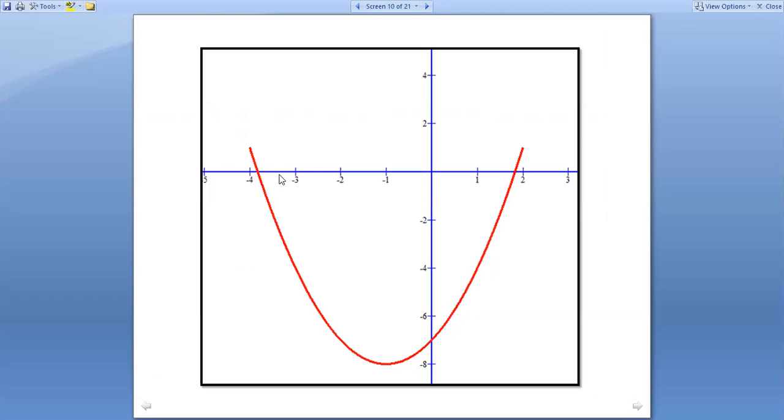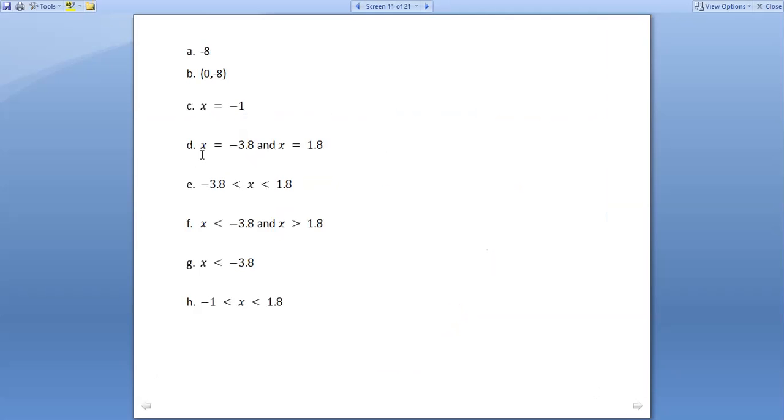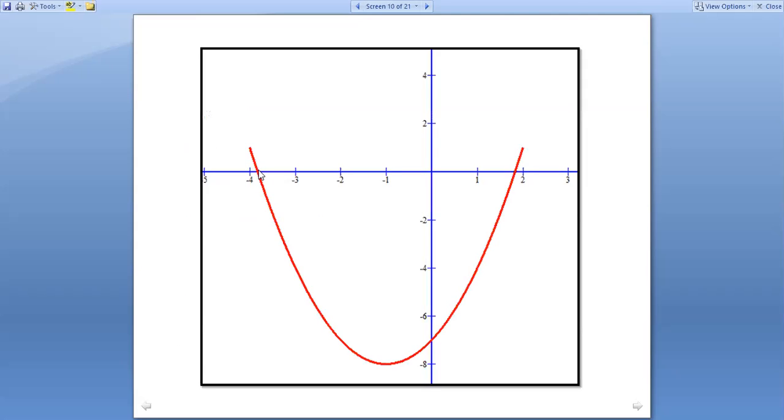Y equals 0 means this line, you can see it intercepts at 2 points. The values will be x equals -3.8 and x equals 1.8. Here, this value will be -3.8 and this value will be positive 1.8. We get two values for x because it's a quadratic function.